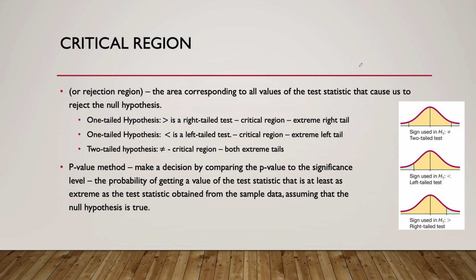If the resulting p-value is too high, then that's considered normal, and so we do not reject the null hypothesis. But if it's low, based on that significance level, then it is not normal for that to happen, and as such we would reject the null hypothesis.